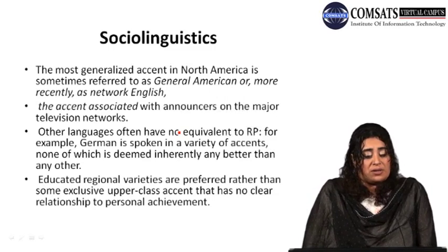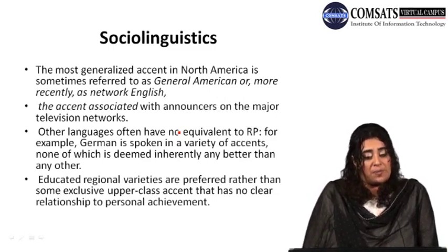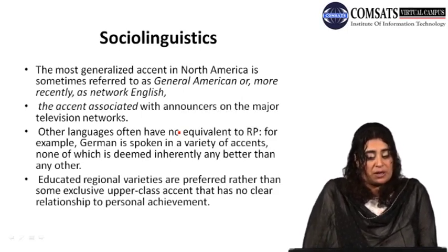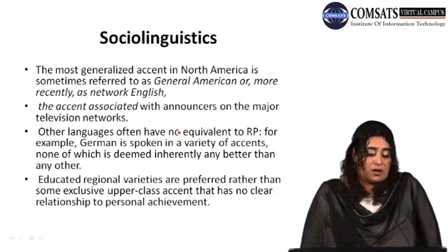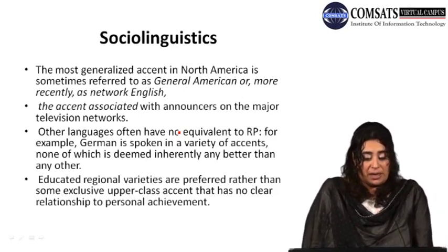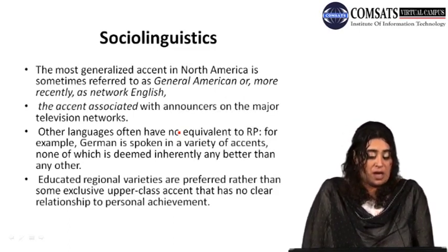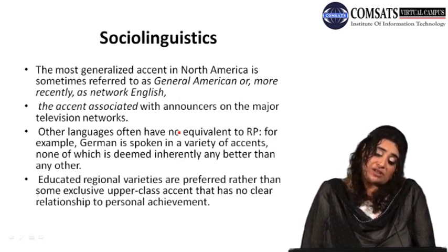Other languages often have no equivalent to RP. For example, German is spoken in a variety of accents, none of which is deemed inherently any better than any other. Educated regional varieties are preferred rather than some exclusive upper class accent that has no clear relationship to personal achievement.